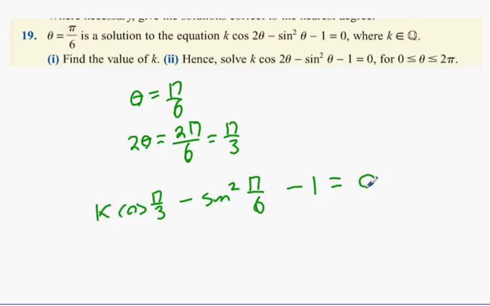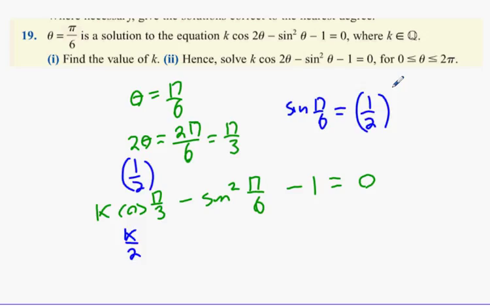Now, using your tables, what is cos pi over 3? It's 60 degrees, so a half, isn't it? So that's k times a half, which is k over 2. What about sine pi over 6? 30 degrees, so a half, I guess. And then what's a half squared? Because it's squaring that. A quarter.